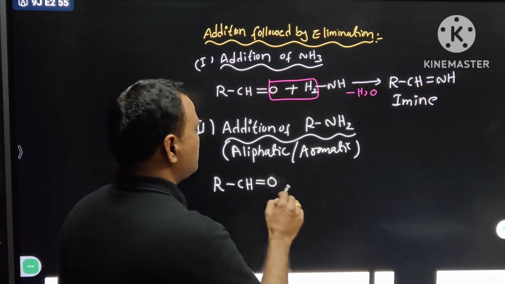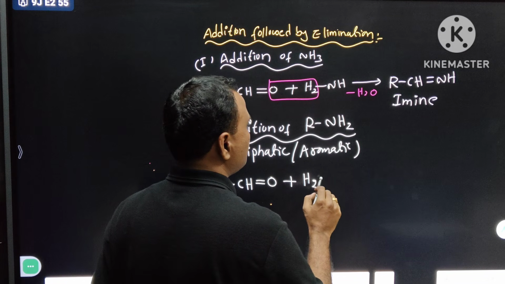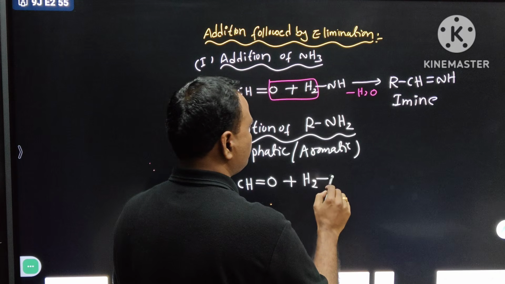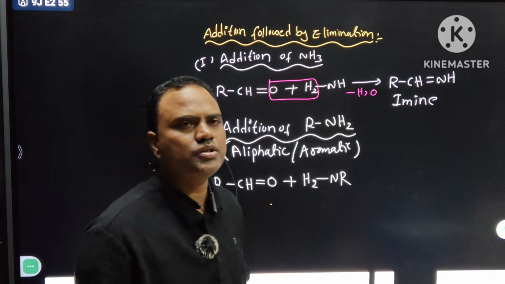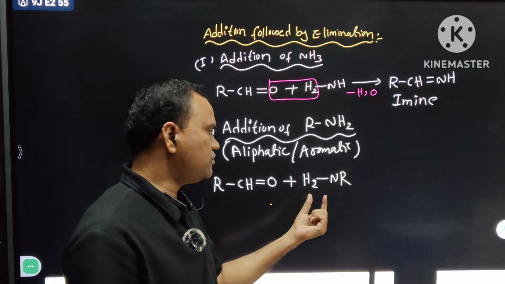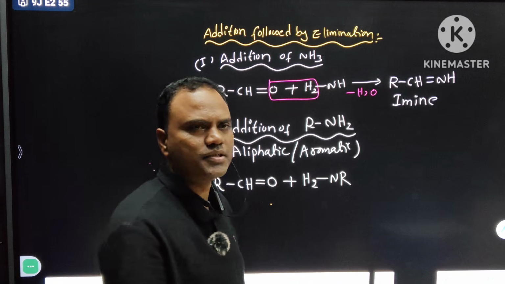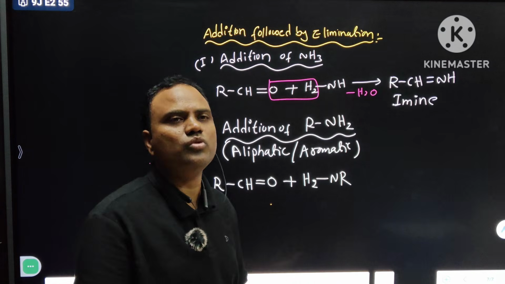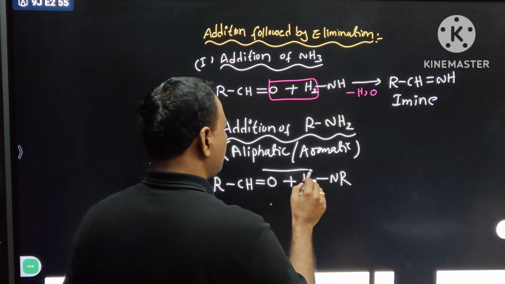What I am taking? Primary amine, right? Remember the condition, how to write the reactants. Oxygen is at one end, hydrogen at the other end, towards the same ends, right? So that we can remove water molecule.